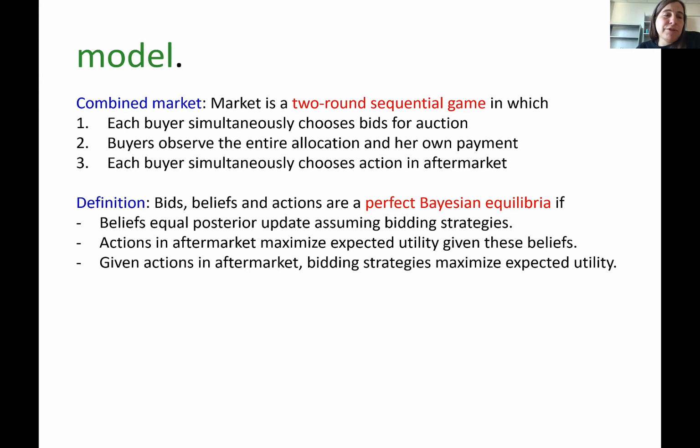And so I'll show you a negative result in which the PBE has poor welfare, and I'll show you positive results in which any PBE of this combined market game is guaranteed, so long as the auction has a particular format, to have high welfare.